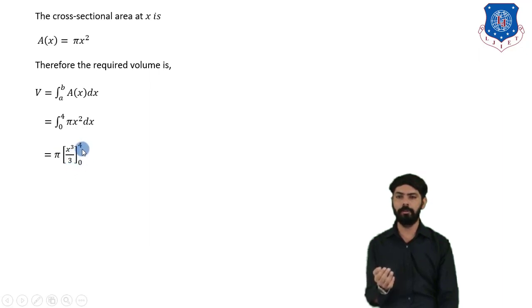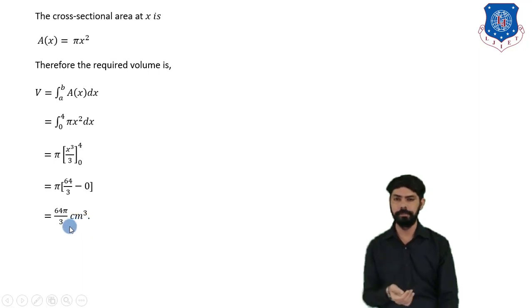Now first of all we will replace x by 4, then minus we will replace x by 0. So this will be 4 cube divided by 3 and 4 cube is 64. So this will be pi into 64 divided by 3 minus 0. So this will be 64 pi divided by 3 centimeter cube. So this is the answer of this question.